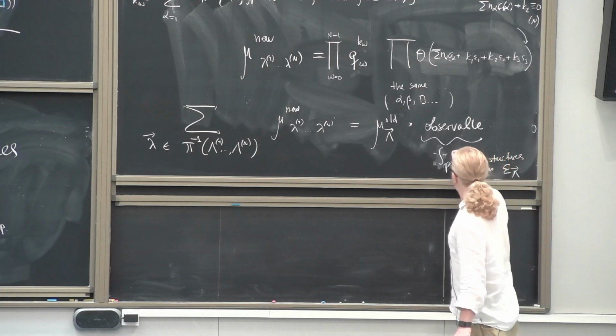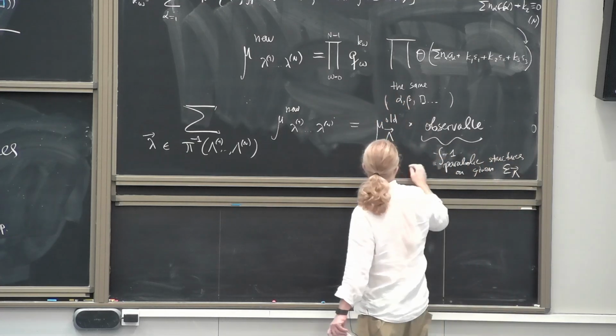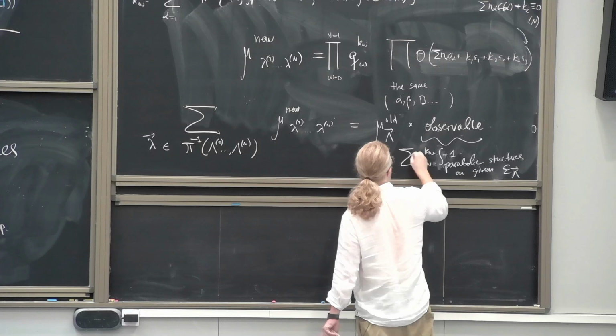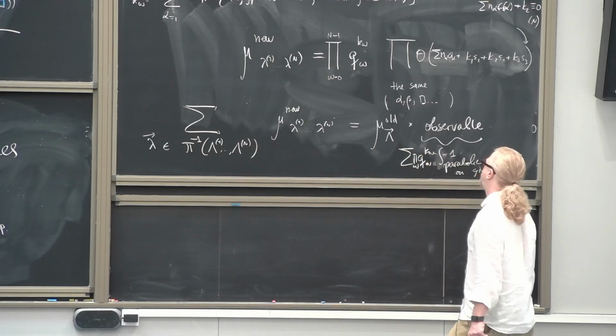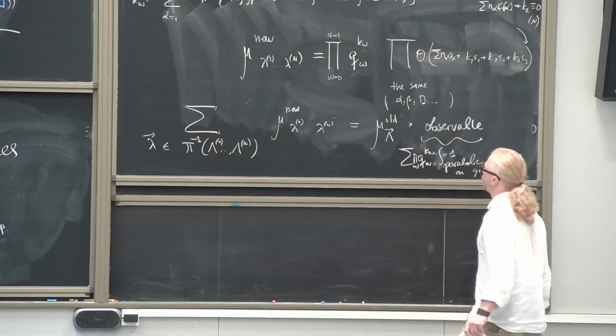It's essentially again the integral of 1, but now it's weighted with these weights where k's are related to the first Chern classes of the quotient sheaves.